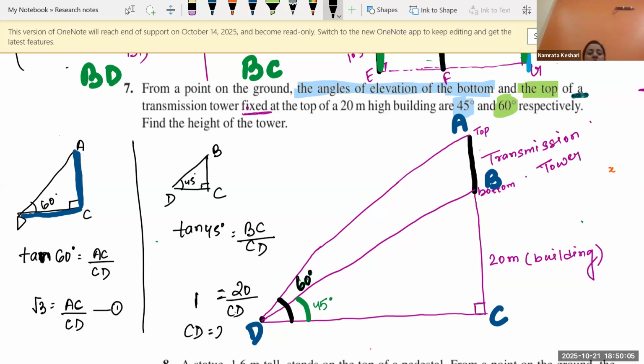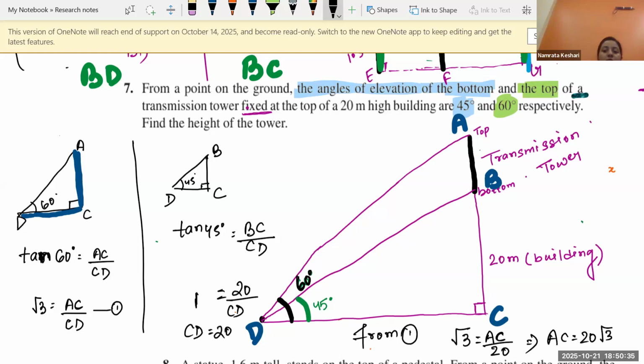Now this CD we can use in equation number 1. Okay, from equation number 1, if we substitute CD, yeah, wait, it's not 20 root 3. 20 root 3 is the complete height from A to C. You are just supposed to find AB, right? Okay, AC is 20 root 3.